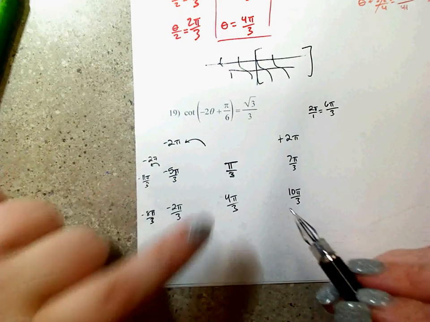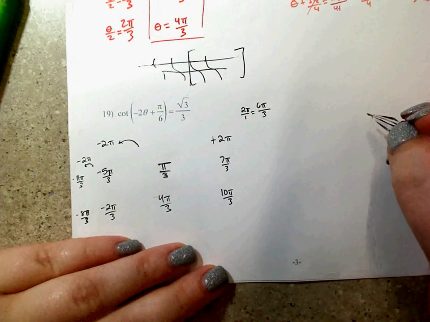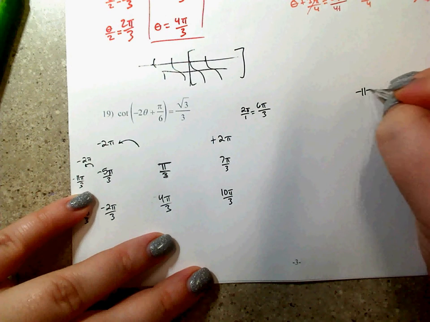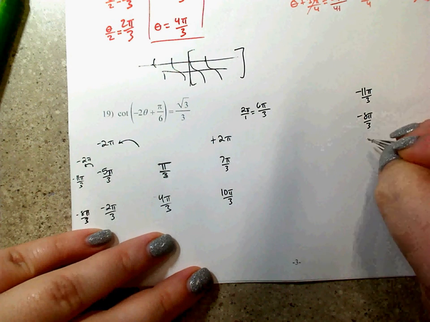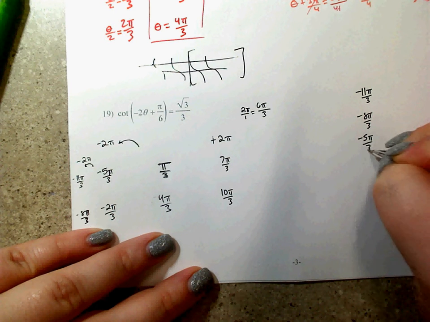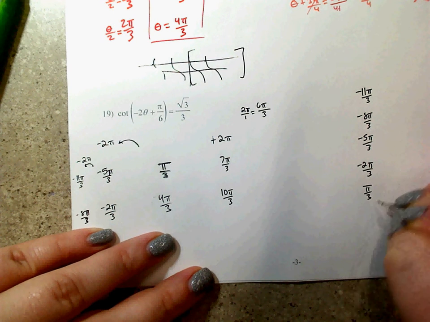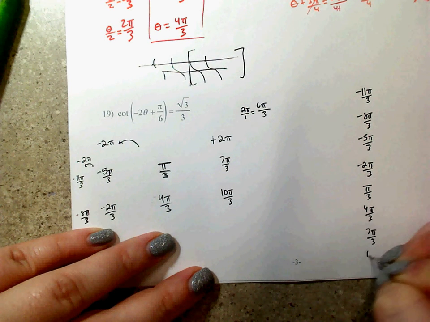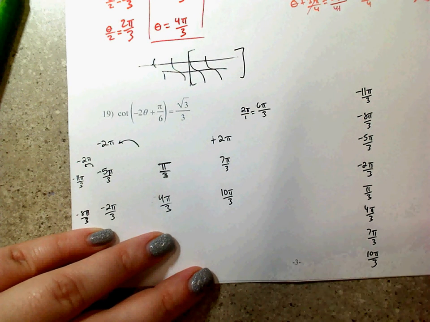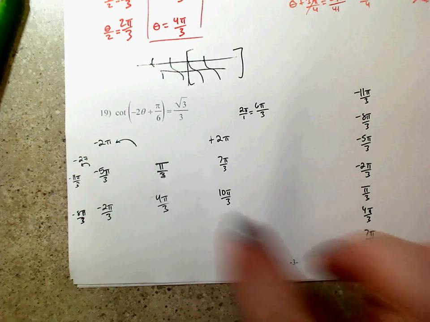So I've got negative 11 pi over 3, negative 8 pi over 3, negative 5 pi over 3, negative 2 pi over 3, pi over 3, 4 pi over 3, 7 pi over 3, and 10 pi over 3. So these are all the answers that I've identified as just rotations of the answers I know, that cotangent of these angles equals square root of 3 over 3, right?